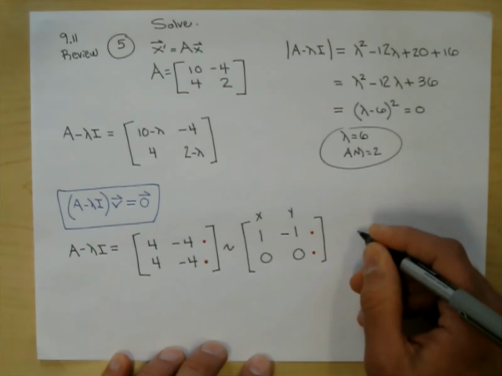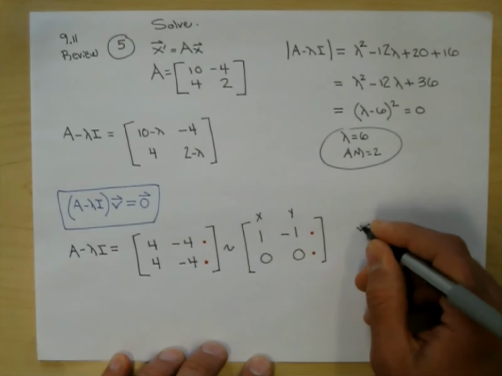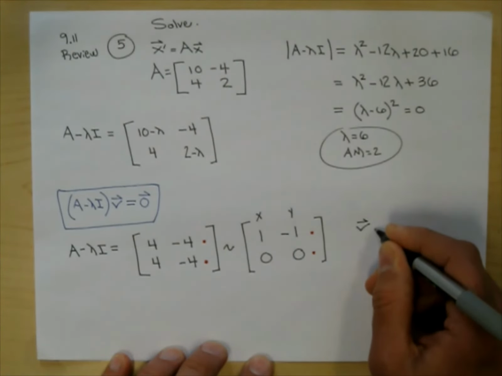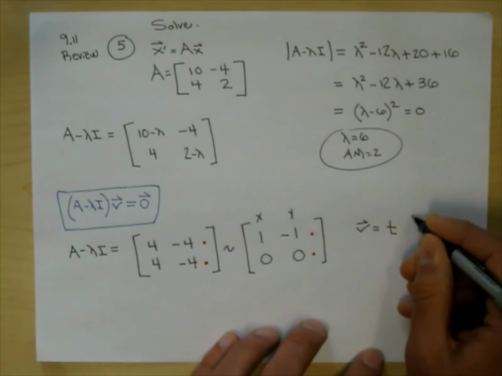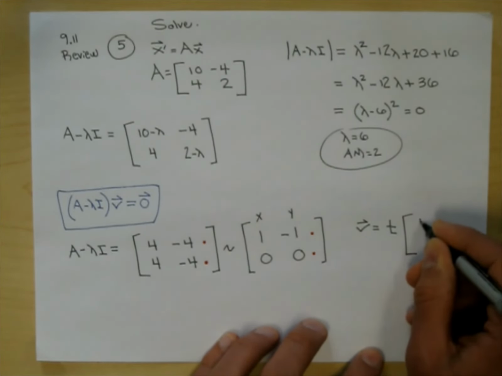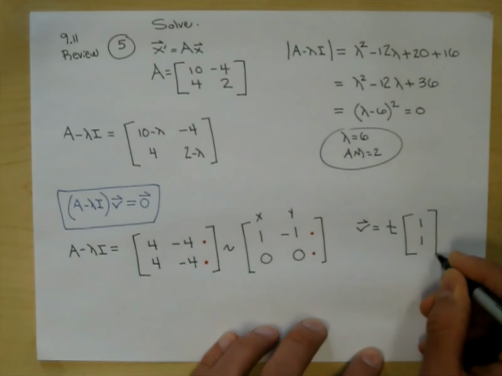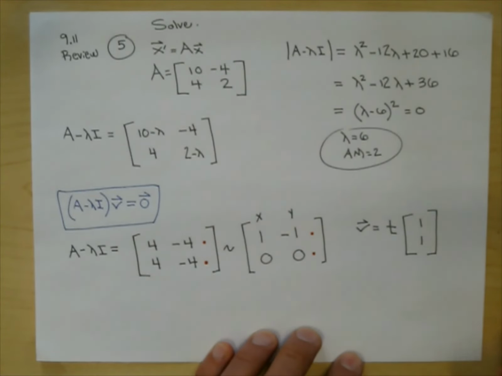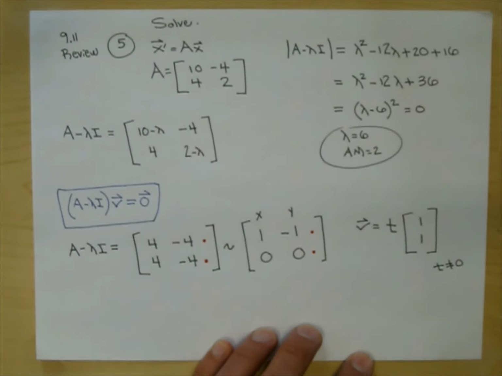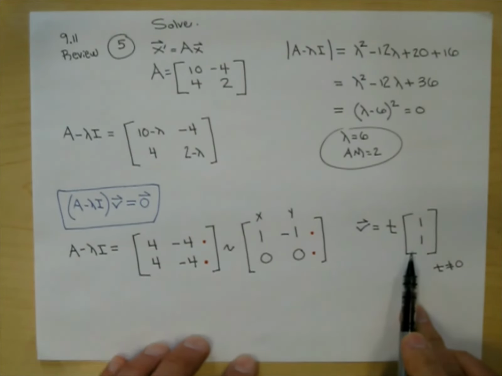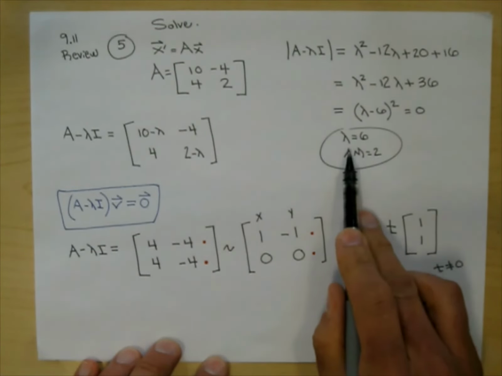But what you're going to find out is that the eigenvectors look like t times 1, 1, where t does not equal 0. Okay, so t does not equal 0. And so these are the eigenvectors associated with the eigenvalue of 6.